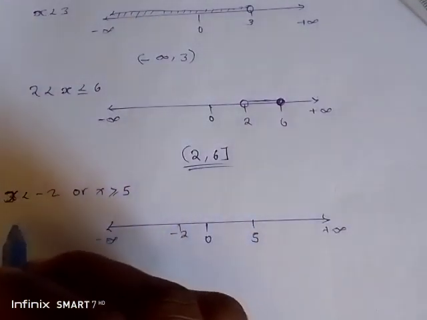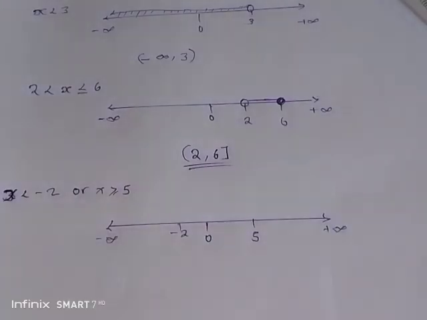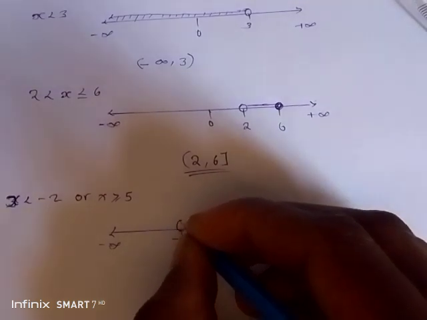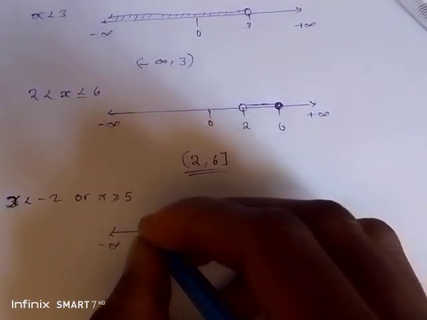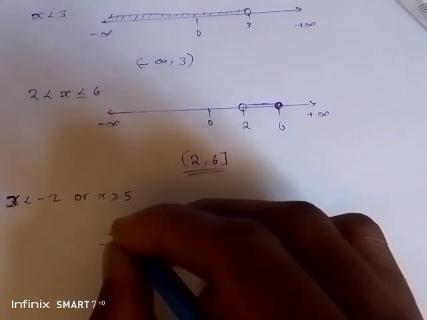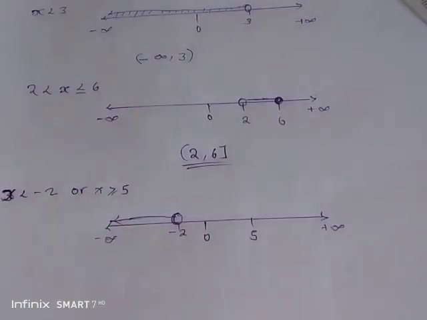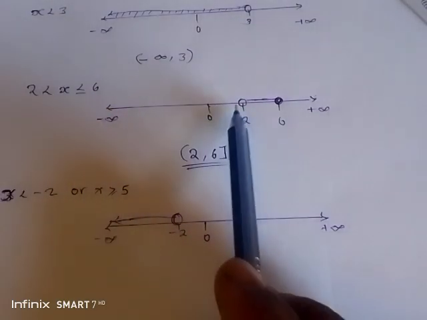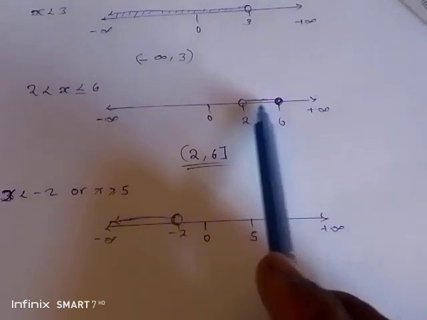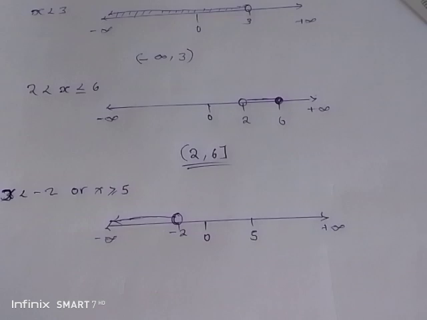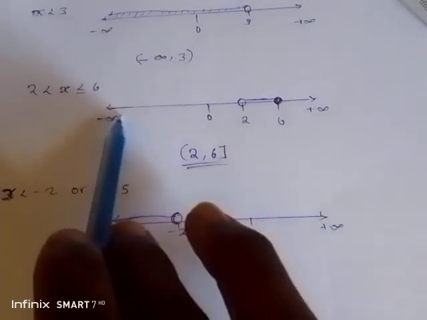x is less than negative 2, so we are going to make an open circle here and shade towards the negatives. You might be asking why earlier I shaded going this side, because this is positive. We are looking at the positive ones. If we come this side, we don't know where we are going to end.